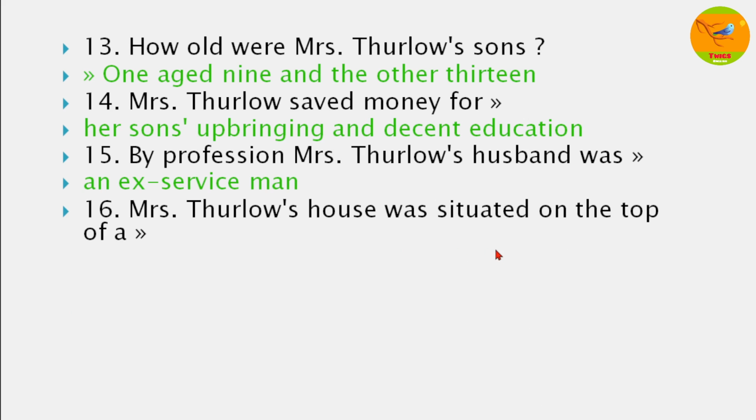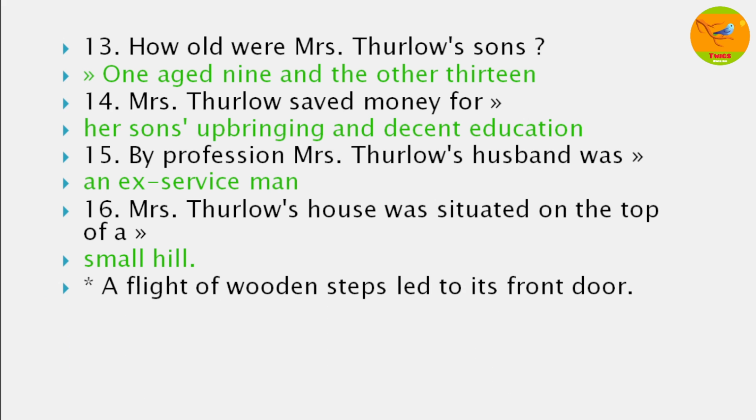Next, Mrs. Thurlow's house was situated on the top of a small hill, and a flight of wooden steps led to its front door. You will have to climb a flight of wooden steps if you want to enter the house through its front door.